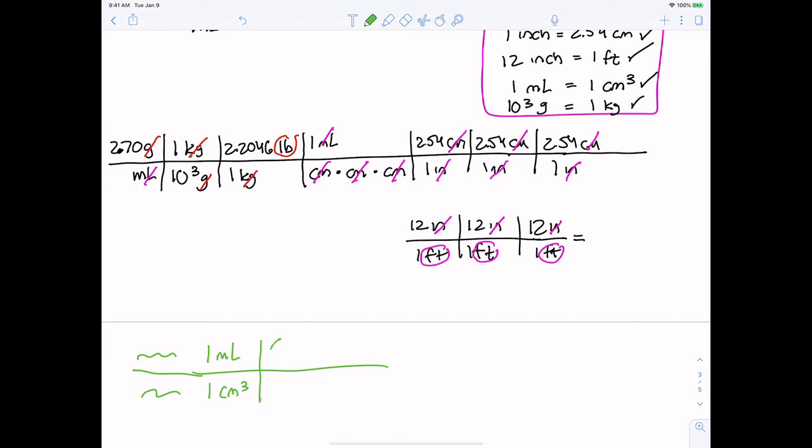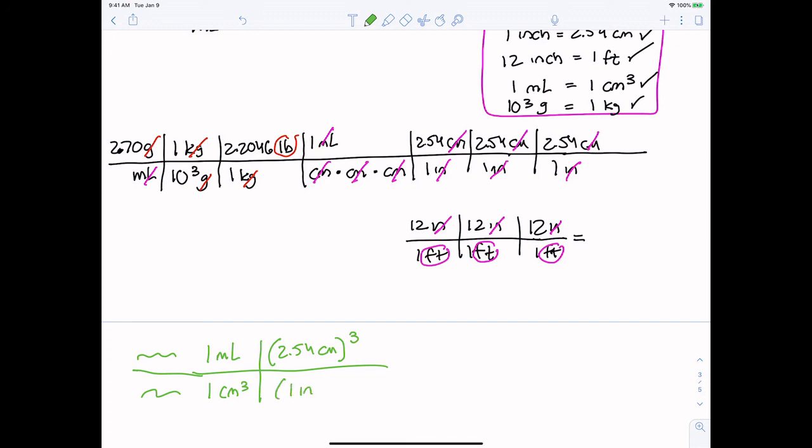Then what I need to do is 2.54 centimeters cubed. Oops, sorry. I'm starting to get tired. It's been a busy day. 2.54 centimeters cubed, right? We need to cube the number and not just the unit. So when you type it into your calculator, you need to remember to cube the 2.54, not just the centimeters.